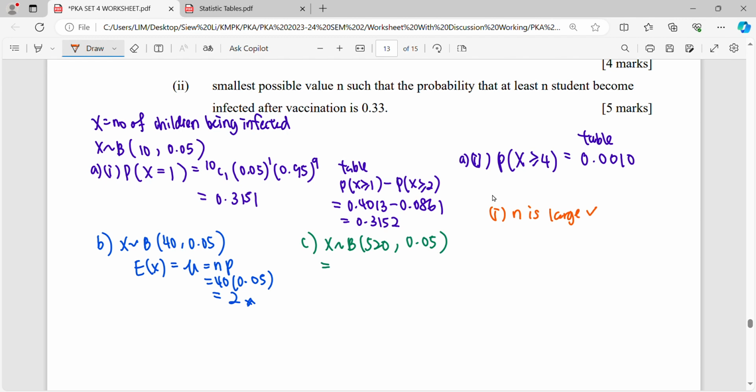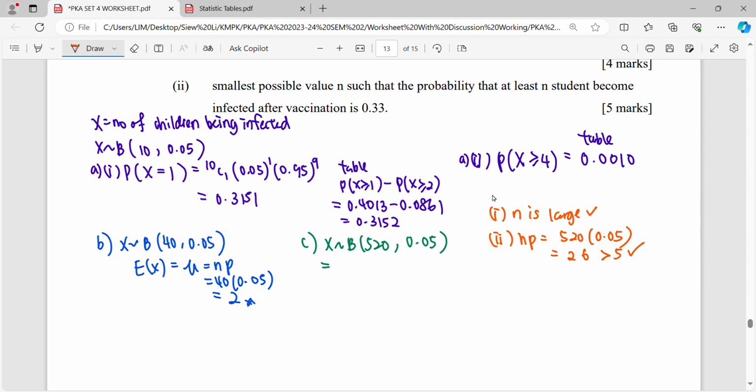Number 2, what is their np? The mean, so 26 is already more than 5.